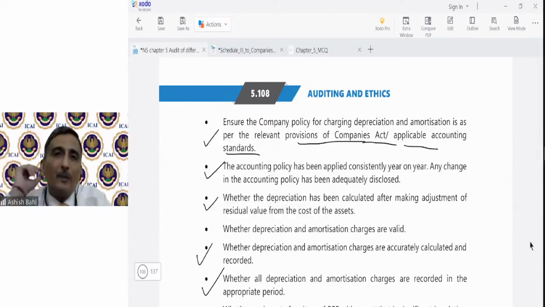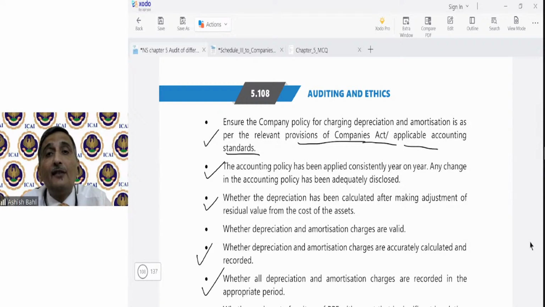Suppose an MCQ comes that a company has to charge depreciation in its books of accounts as per what, and four options are given. So as per Income Tax Act, also, is one option.